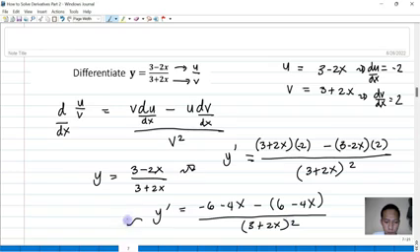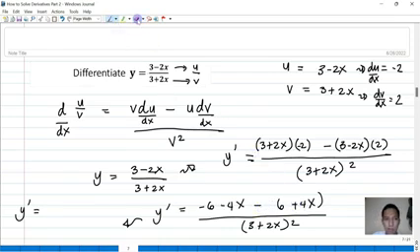So let's simplify, guys. That becomes y prime equals negative 6 minus 4x minus, so negative times 6, positive, that becomes negative. When we remove the parentheses, negative times positive is negative. Negative times negative is positive.